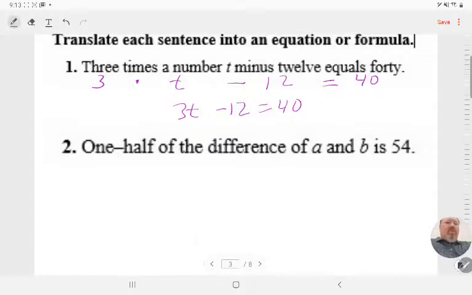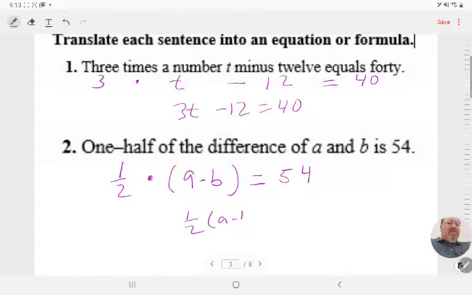And then the next one, 1/2 of the difference of A and B is 54. So 1/2 A minus B equals 54. Okay? All right.